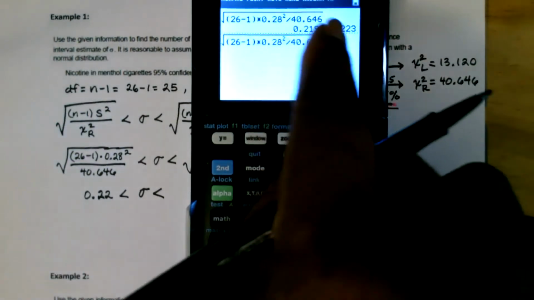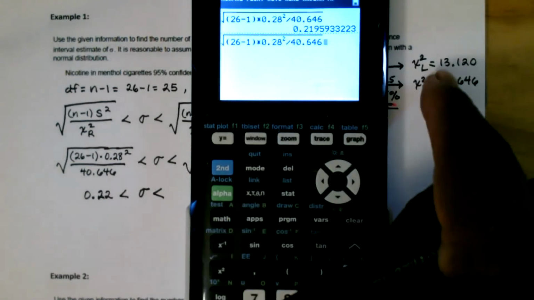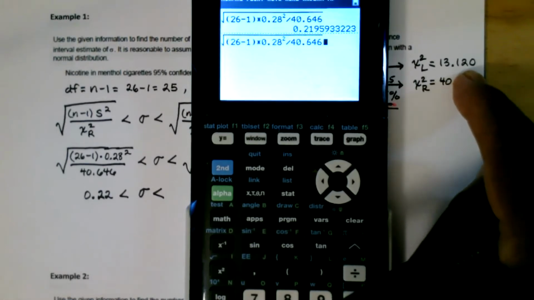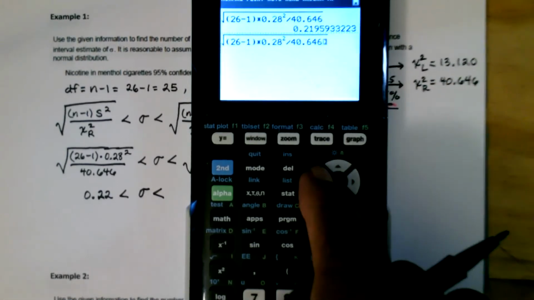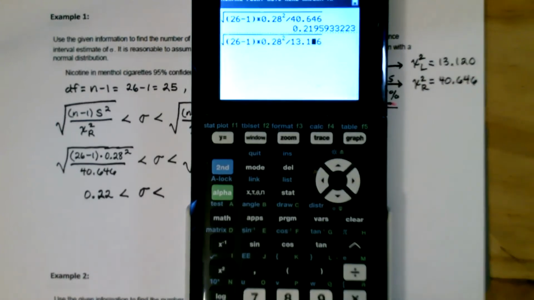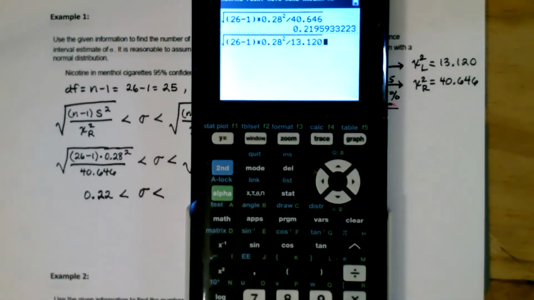Second enter gives me this back, but I'm going to change that 40.646 and type in place of it the chi-square value on the left, 13.120. So I'm going to use my left arrow key and then type in 13.120. Use the right arrow key to get out of the radical and then hit enter. And to 2 decimal places, this will be 0.39.